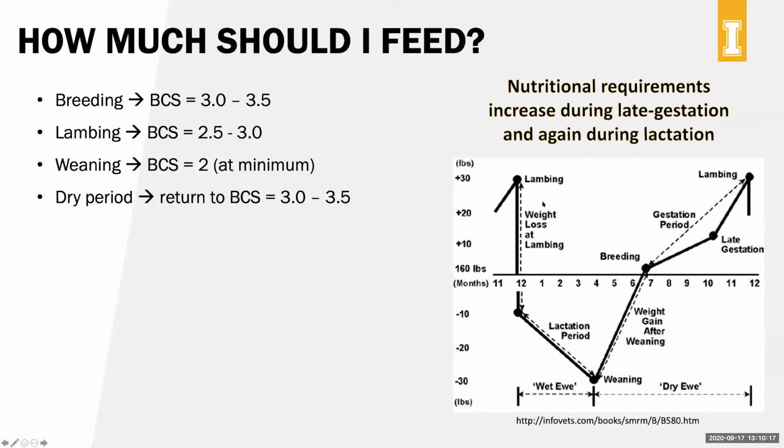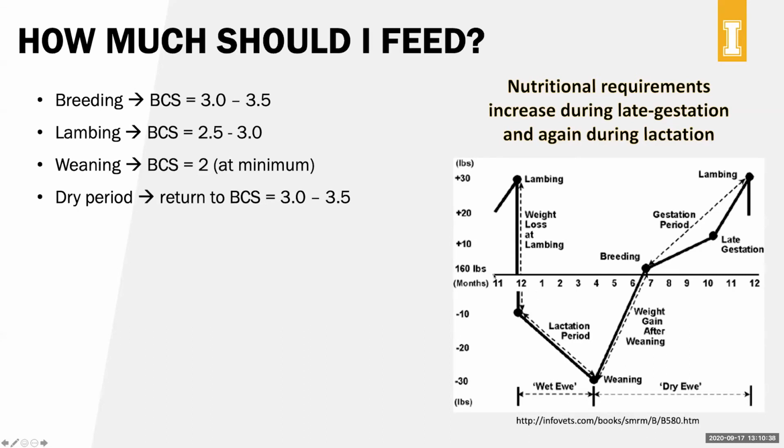Last spring when we were lambing and kidding, these animals should have been looking pretty good. And as they have those lambs and kids, their body condition is going to drop, and they'll continue to lose a little bit of weight because it takes a lot of nutrients to provide milk for lambs.